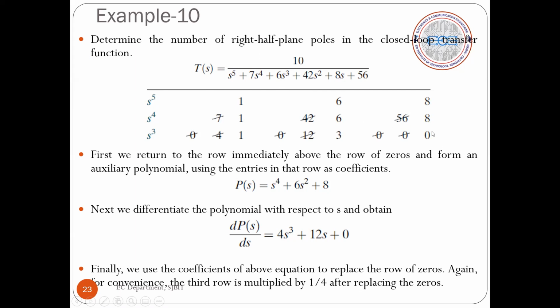Since 7, 42, 56 are multiples of 7, I just took a 7 out. Why? Because it is better to handle smaller values rather than bigger values. As such, the characteristics are not changing. So I have just removed 7 as a common factor, and I got 1, 6, 8 in the second row elements.